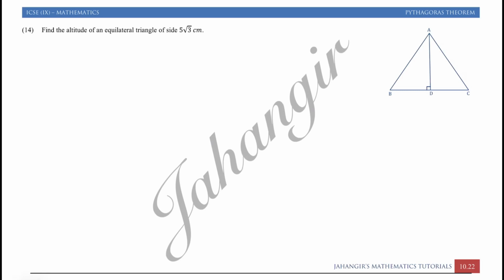Question number 14. Find the altitude of an equilateral triangle with sides 5 root 3 centimeter. Each side is 5 root 3 centimeter. So we can say triangle ABC is an equilateral triangle.